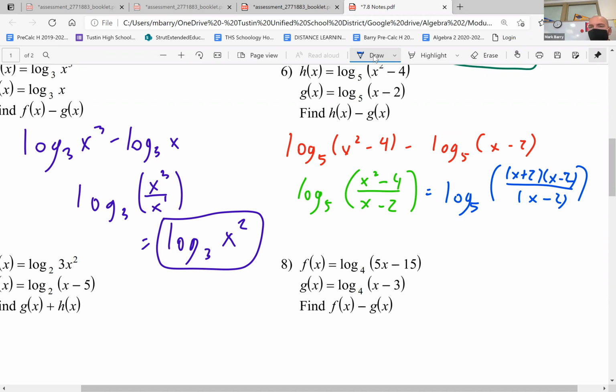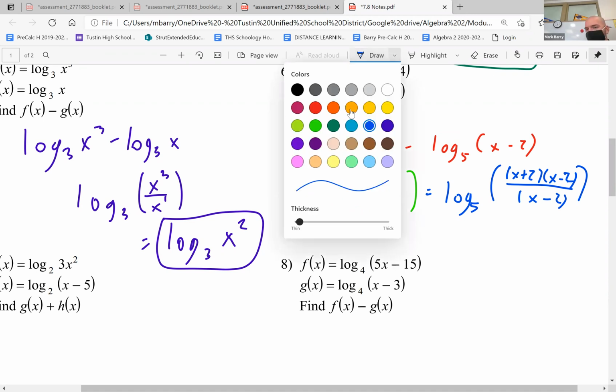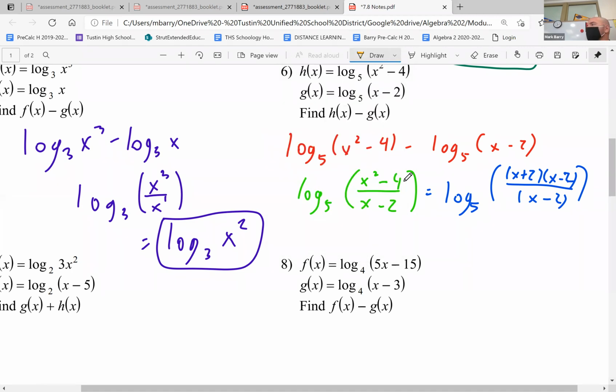And why would we want to do that? Well, we notice that when we do that, we have an x minus 2 on top and on bottom, which means we can cancel them out. So I'm going to do that in a second here, but I'm going to slow down.